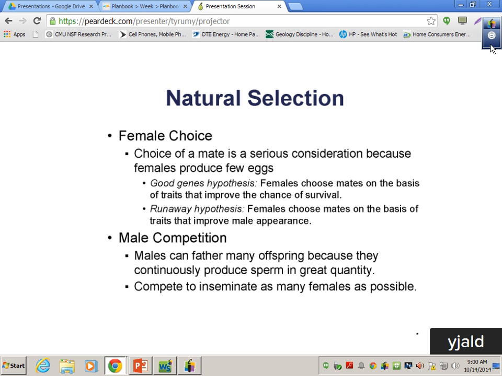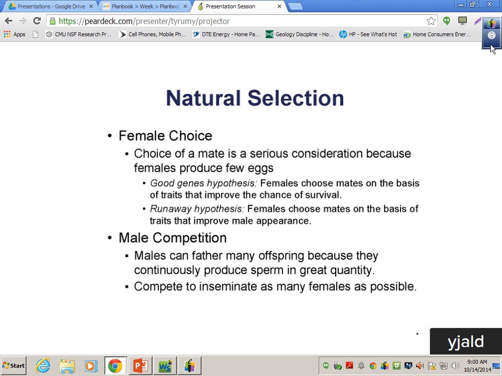Think about it. The first one, good genes: strong deer wins the fight, female doe chooses him. And then I go to the birds of paradise: the best dancer, the one that grooms himself the best, the one that tidies the nest the best. He is the one that gets chosen in that environment. Two different hypotheses and two different ways to choose a mate. Both correct, though, and both influencing natural selection.